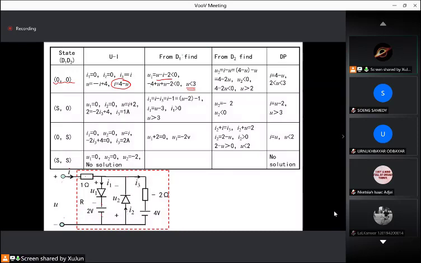This is for the D1. If the U less than 3, then this U1 will be less than 0. So it will be open.